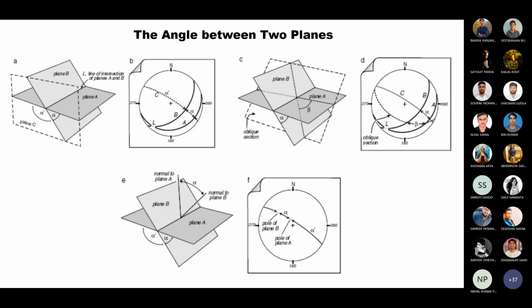Then the line of intersection, capital L, of these planes is given directly by the point of intersection of the great circles. Then you have to find plane C, another plane which is perpendicular to the line of intersection L. And then you have to draw on the stereogram plane C, the plane whose pole is going to be plotted at L, the line of intersection. Then the dihedral angle alpha can be measured in plane C between the traces of plane C with planes A and B.